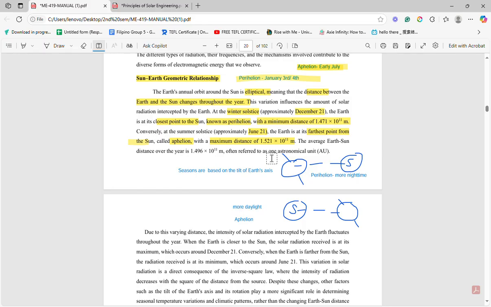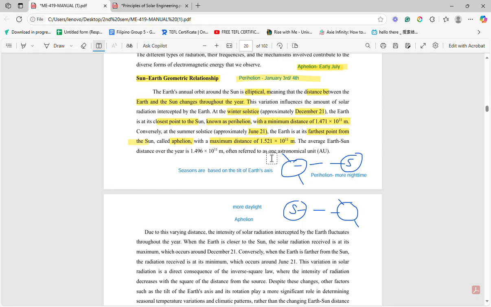So the higher the declination angle, the more the Earth is tilted towards the sun, so it will have a longer daytime, so we can harvest more energy from the sun.